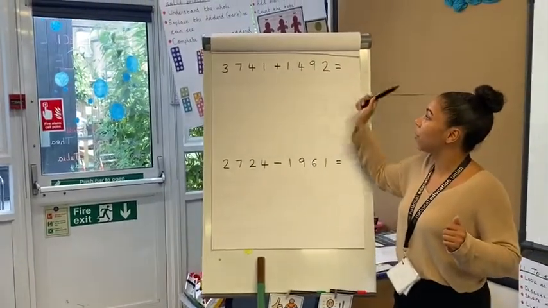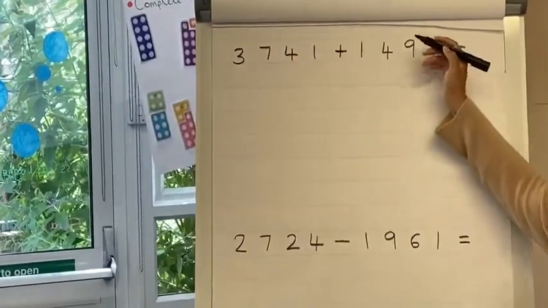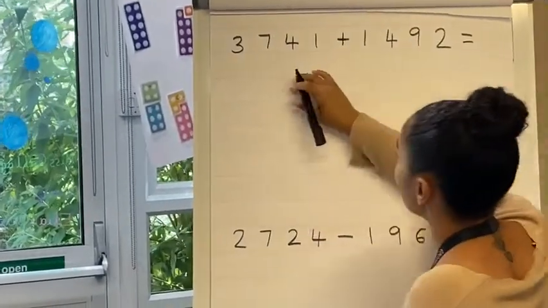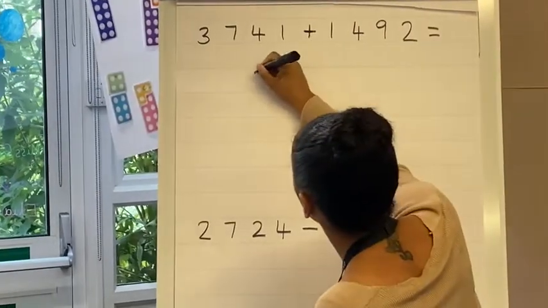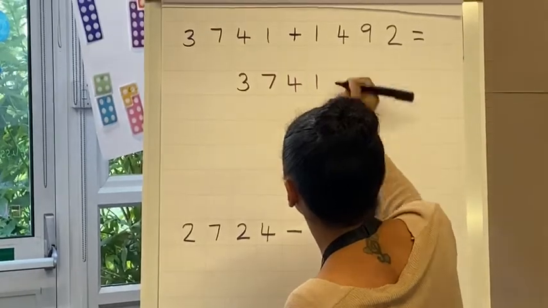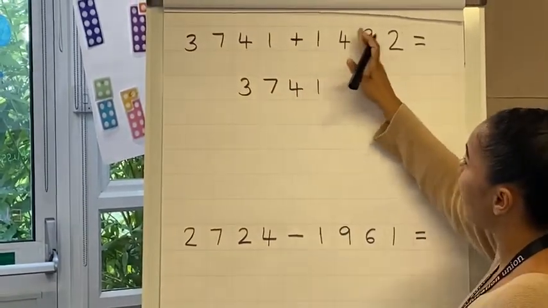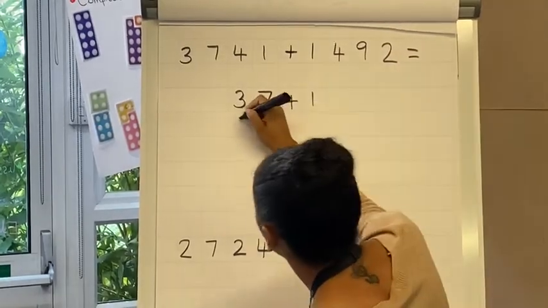3,741 add 1,492. So I'm going to take my first number and I'm going to write that on top, making sure that I put one number per square. So 3,000. And then underneath, I'm going to make sure that I line up my second addend and put it underneath.